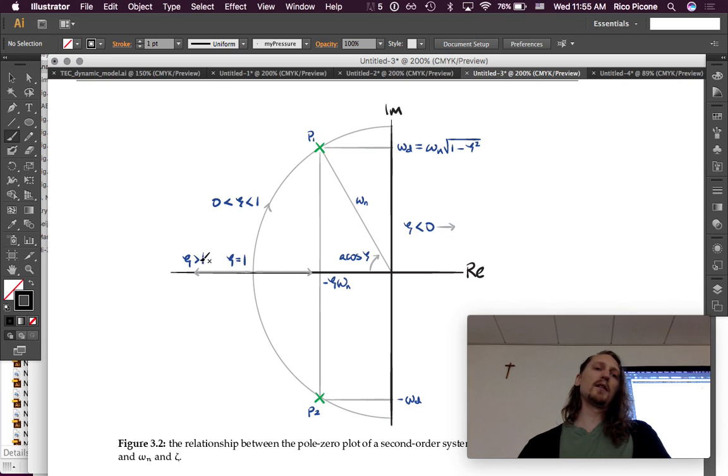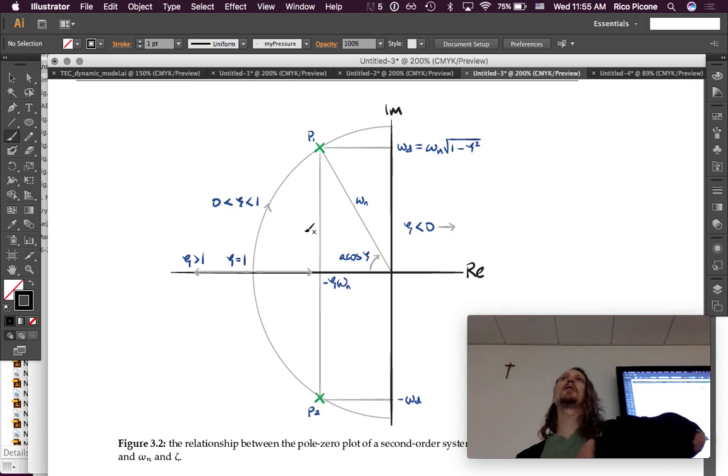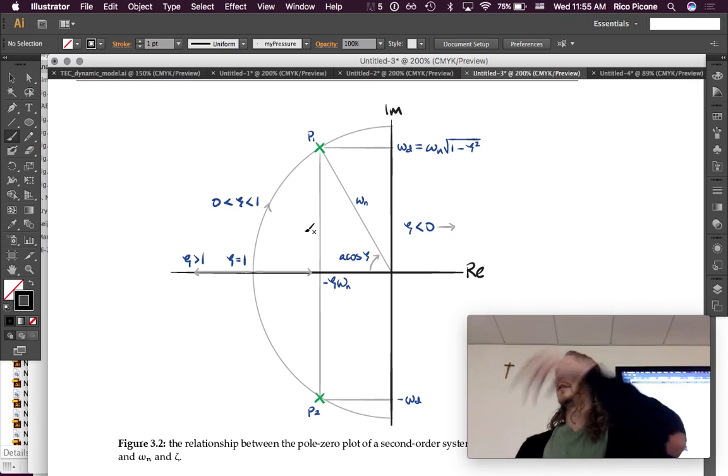Greater than 1 zeta means that it's on the real axis. You have poles on the real axis that can branch off there. That is our sort of graphical interpretation of the relationship between the pole location, damping ratio, and natural frequency, right?